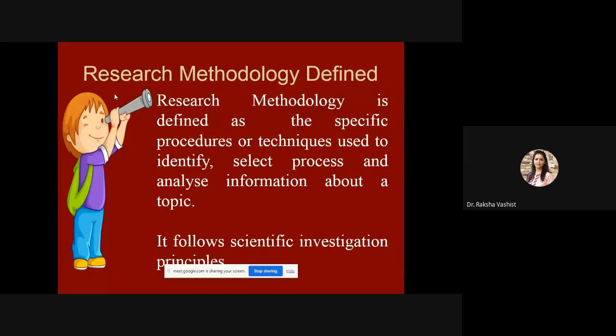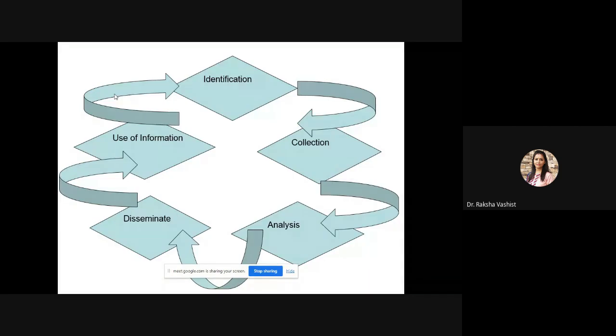I think you all have covered the research ethics principles in yesterday's session very well. So let's start with the ingredients of the definition. The definition of research methodology includes these different words in it.